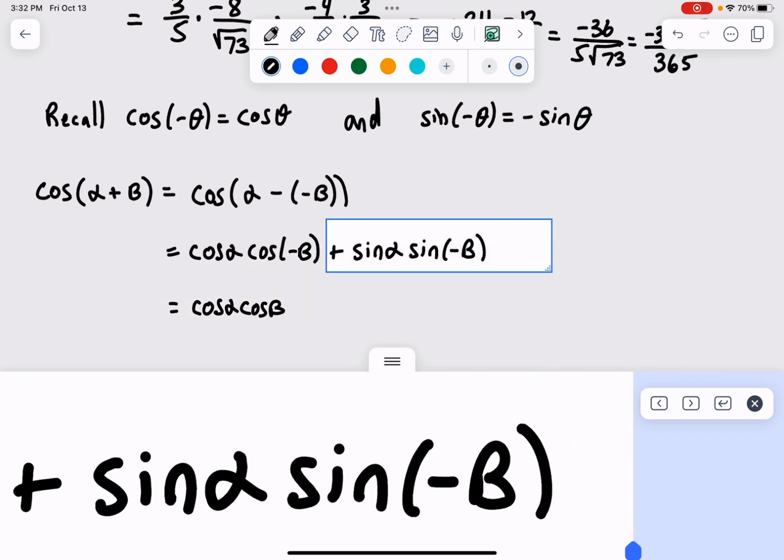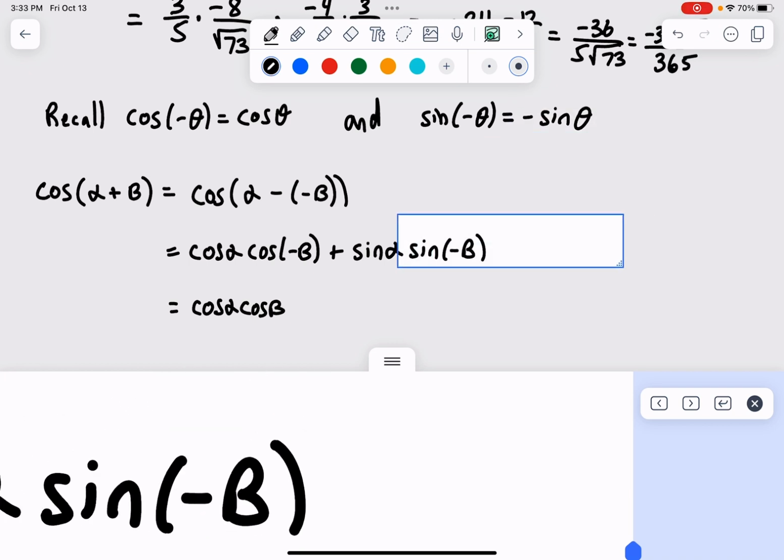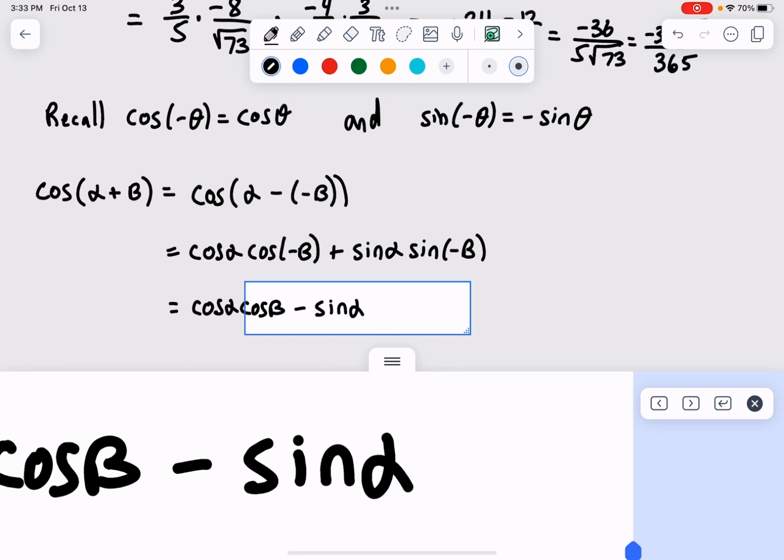And then we can take a look here at sine alpha, sine negative beta. Sine of a negative is a negative, so that negative in the sine is going to come out front. And that'll actually make it minus sine alpha, sine beta.